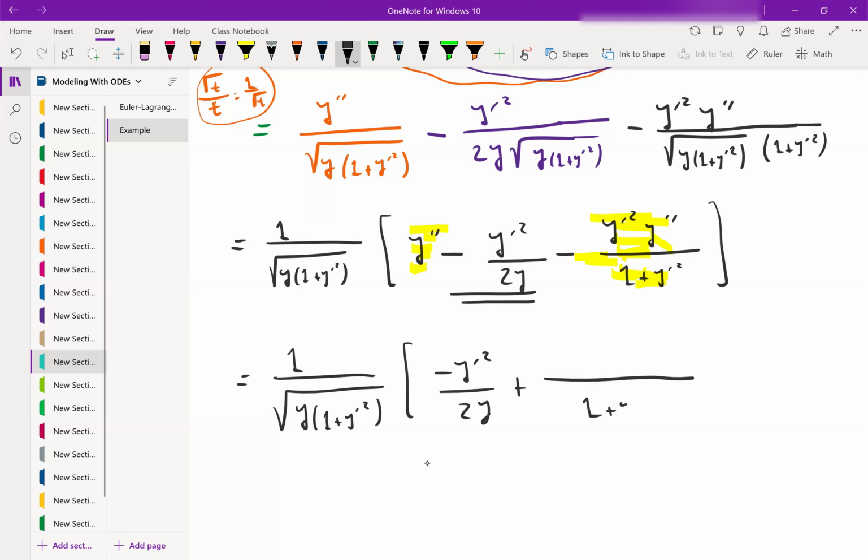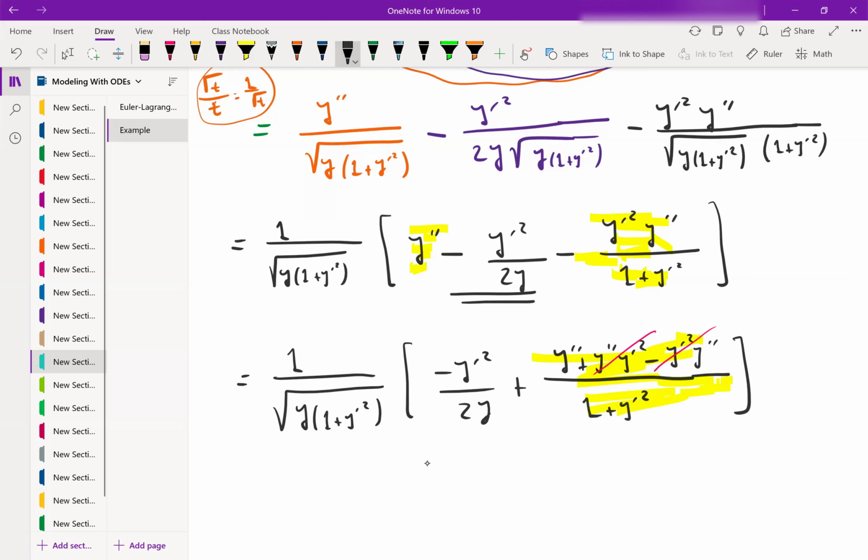1 plus y prime squared, and then y double prime plus y double prime y prime squared minus y prime squared y double prime. This is the highlighted part from above. And of course, you immediately see that this guy and that guy, they cancel.